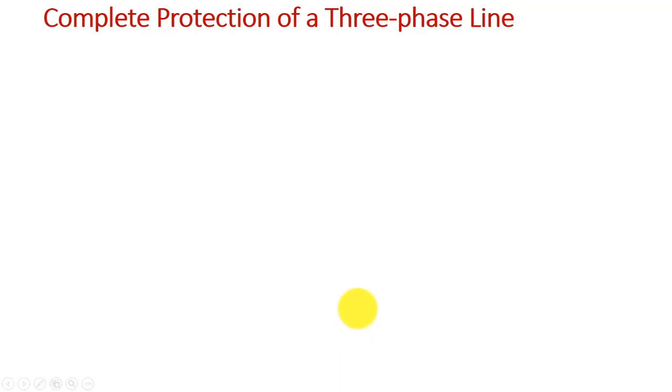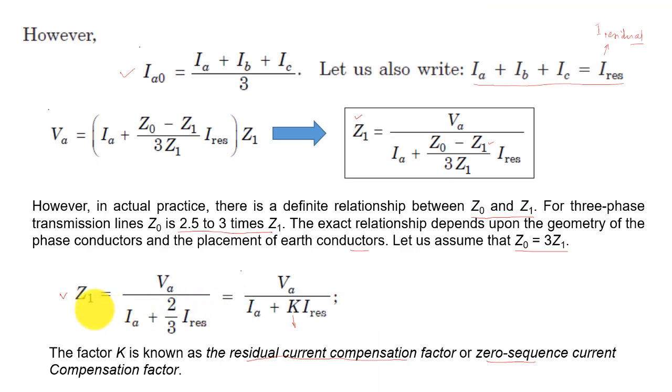Now we already discussed how we found Z1 in case of a ground fault. In case of phase A to ground fault, we found VA by IA plus 2 by 3 I residual, or I can say VA by IA plus K I residual.